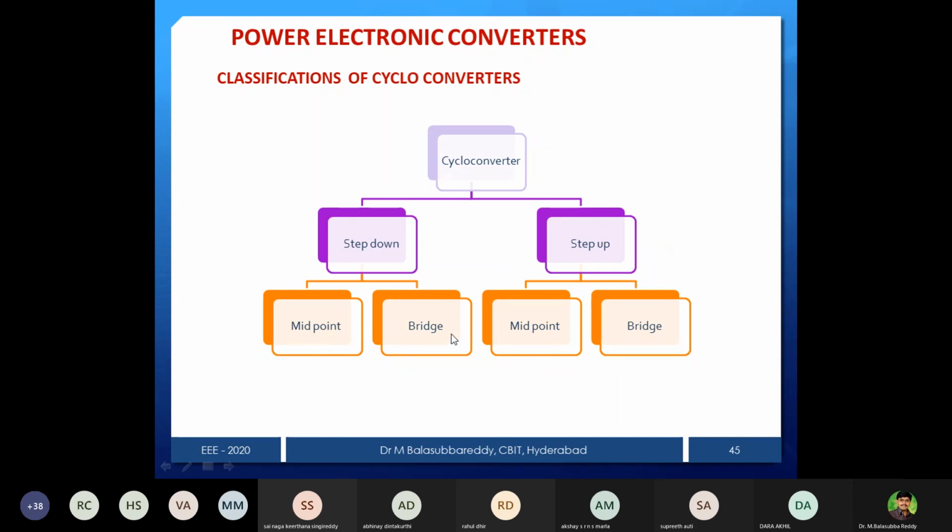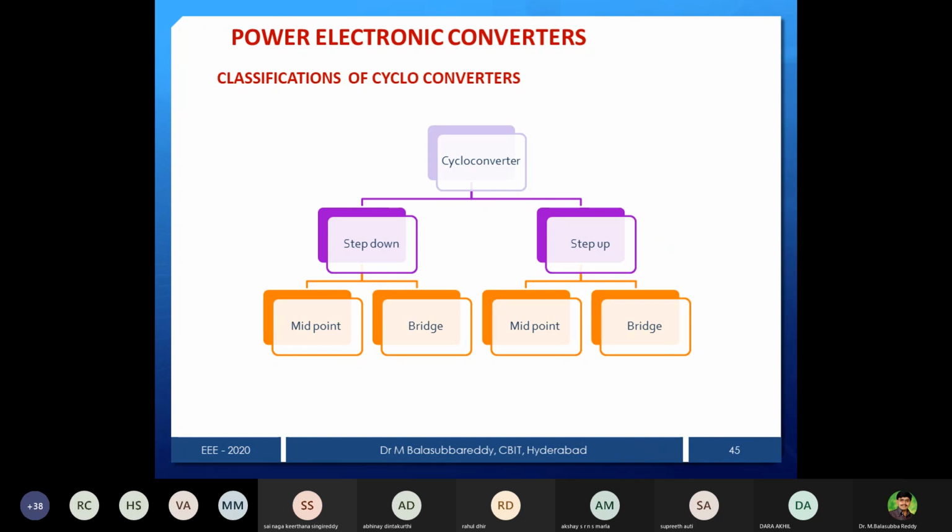For rectifier case also, we noticed one classification: midpoint rectifiers and bridge type rectifiers. The difference between these two is that in the midpoint case we require a transformer, whereas in the bridge type we don't require any transformer, we can connect directly. Another difference is that if I use midpoint, we require fewer thyristors.